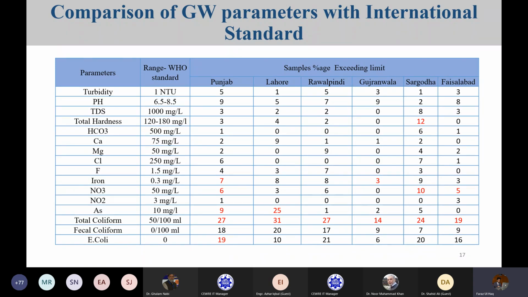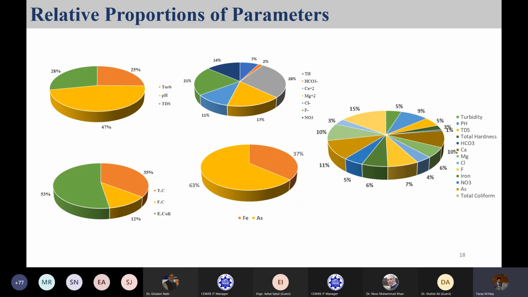As we can see, in the overall province of Punjab, the major contaminants are microbiological contaminants, followed by arsenic, nitrate, and somehow iron. In Lahore, the major concern is arsenic and microbiological contamination, followed by Rawalpindi with microbiological contamination, Gujranwala as well, and Sargodha has major issues of TDS, hardness, chloride, iron, and microbiological contamination. Here is the relative proportion of different parameters.